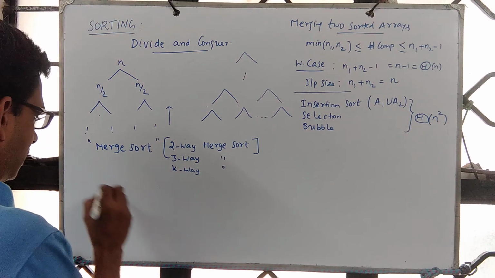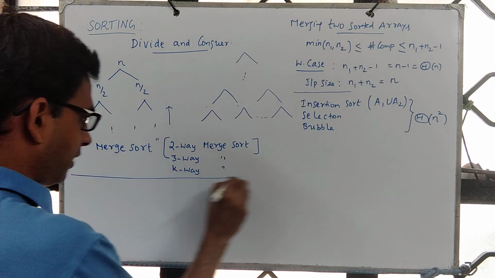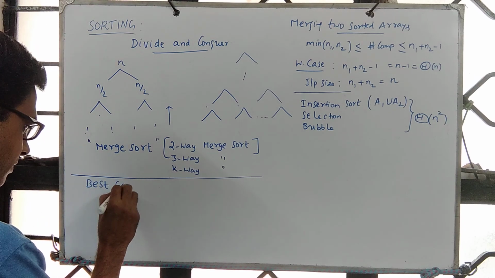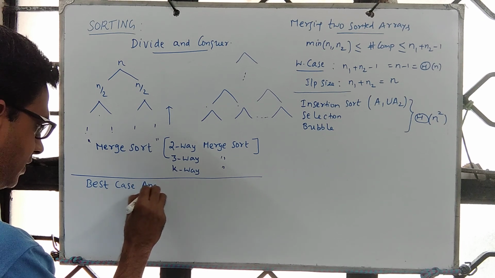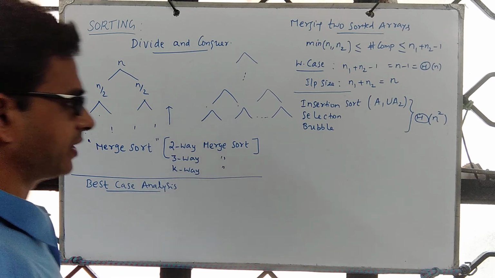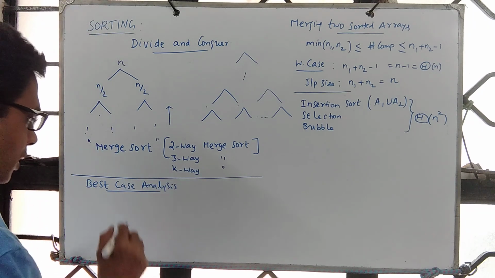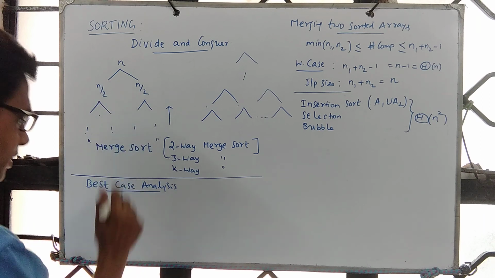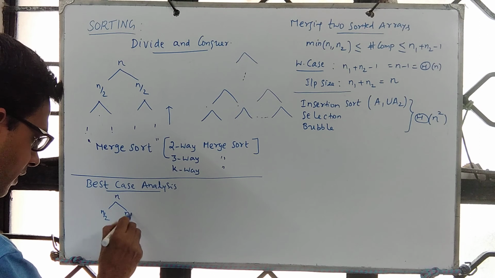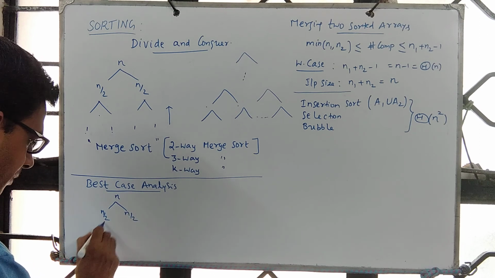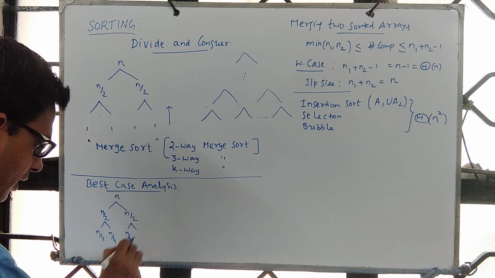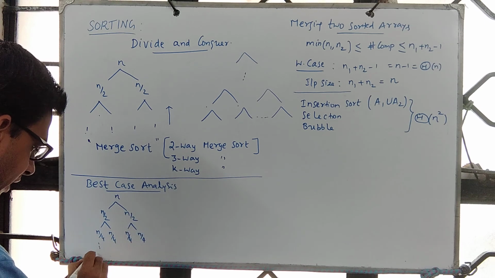Fine. So what we are going to do is look at the best case analysis. Let's focus on best case analysis first, and then let's do the worst case as well. On one side we break down the problem into two subproblems of equal size, so we keep doing this until we get problem size 1, correct?